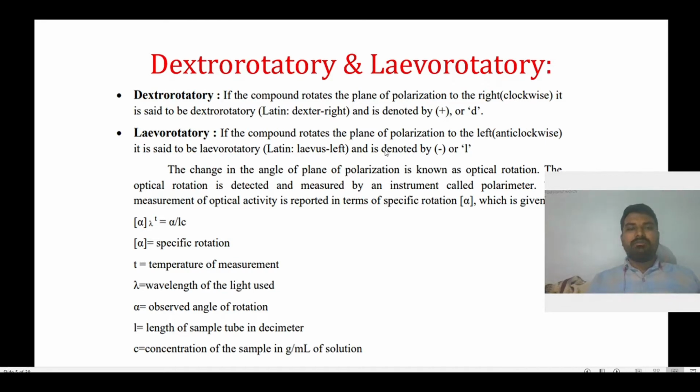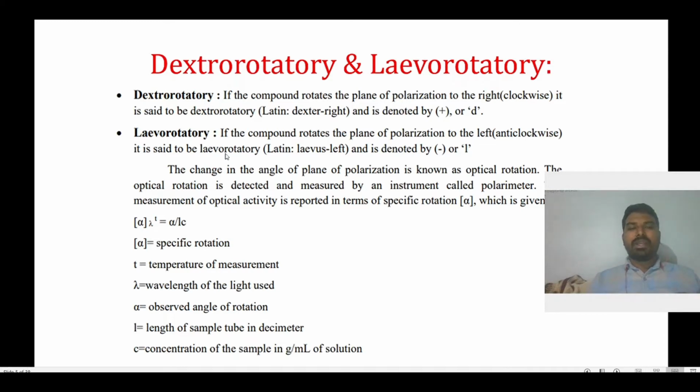And if the compound rotates the plane of polarized light to the left, that is anticlockwise, it is said to be levorotatory. The change in the angle of the plane of polarization is known as optical rotation. The optical rotation is detected and measured by an instrument called a polarimeter.